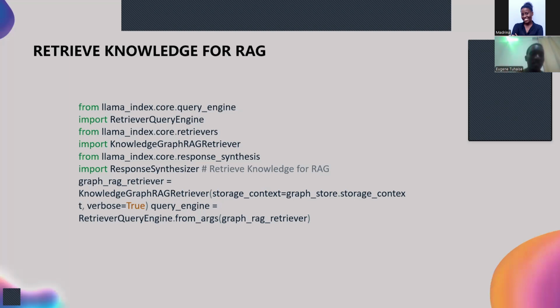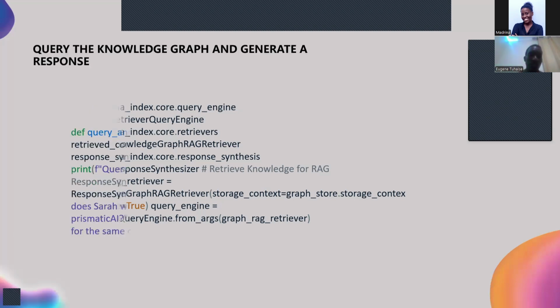Then we are initializing the retriever query engine. So basically, we are passing a from args method that helps us handle the entire process of retrieving the relevant context from the knowledge graph, and then generating a response based on that context. Then the last step is querying the knowledge graph. So this step is going to help us generate a response.